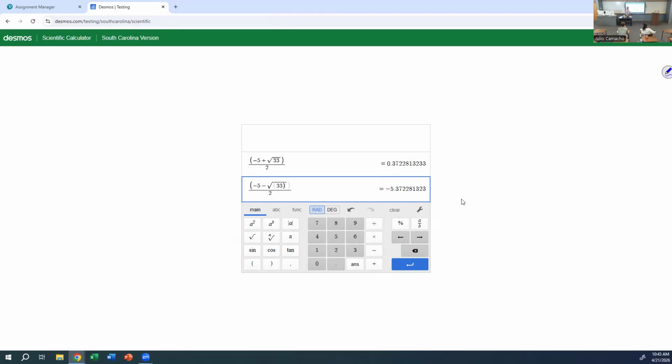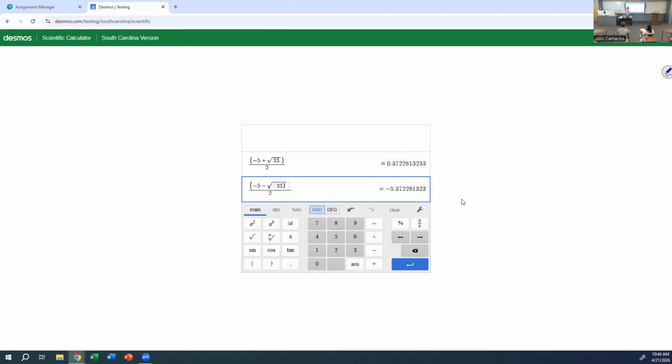Ask your calculator what is the square root of 33 first. 5.74. Subtract -5, and then divide by 2. Subtracted by -5, and then divided by 2 in the end. 5.37.